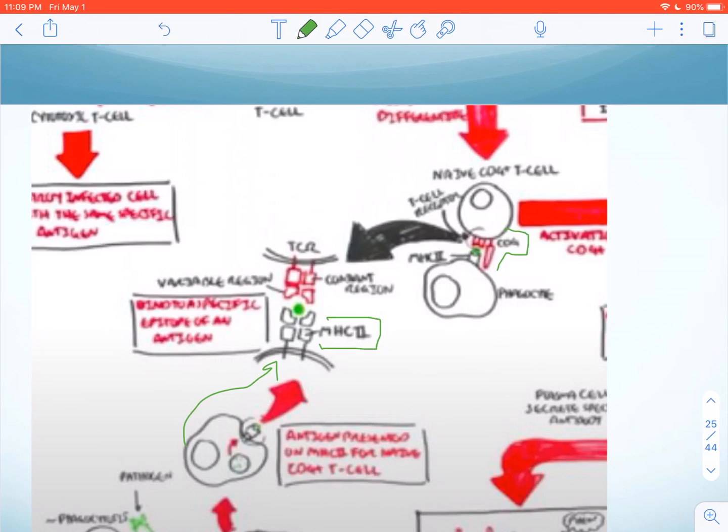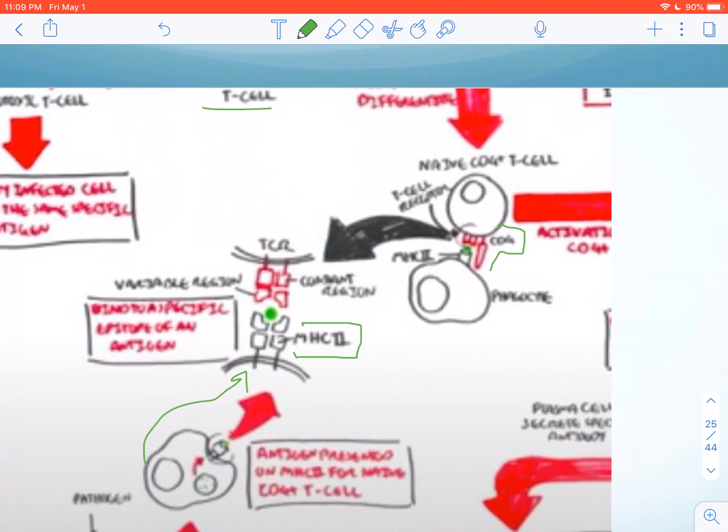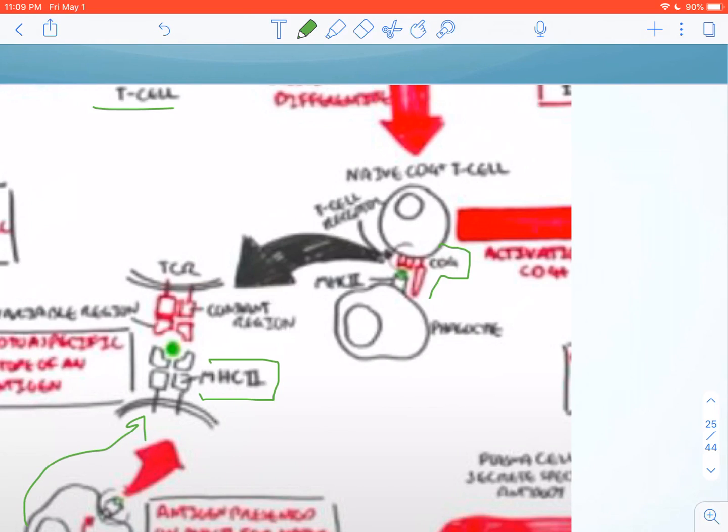So this is a different thing. These guys intentionally got the bacteria antigen in them. The ones up here in the CD8 did not intentionally get this in them. And then the CD4 T cell becomes activated. It will replicate, so you'll end up making more of these that are activated for this particular bacteria.